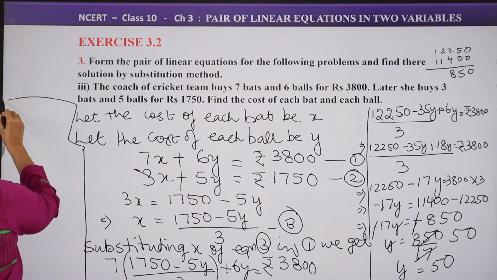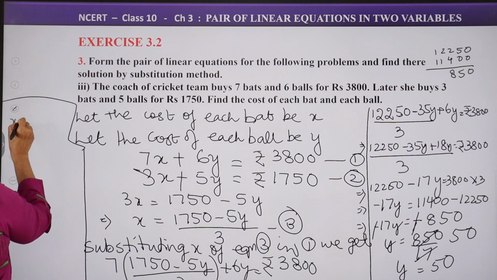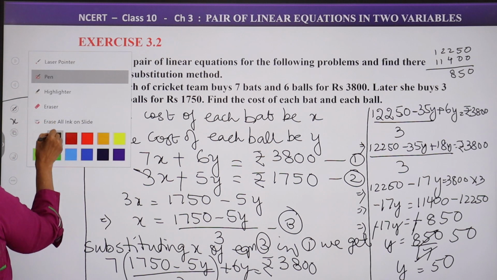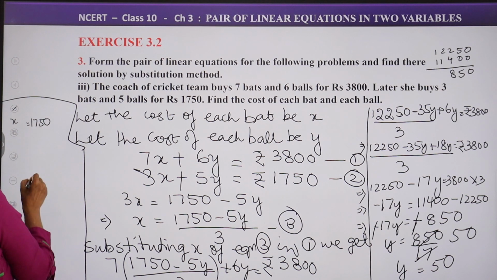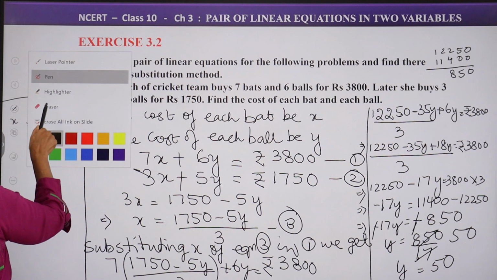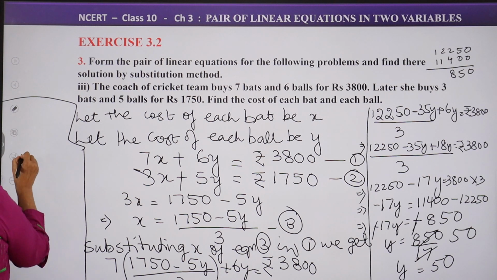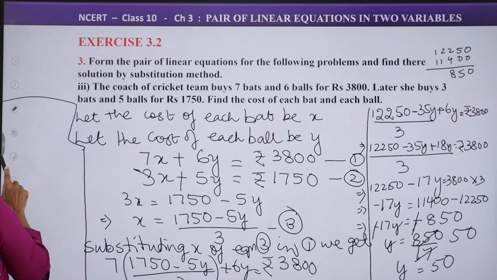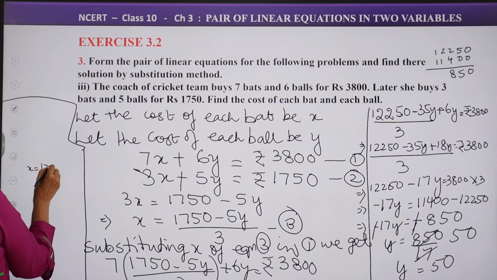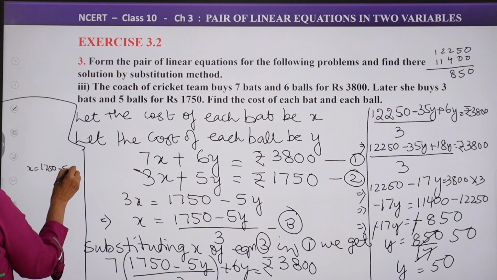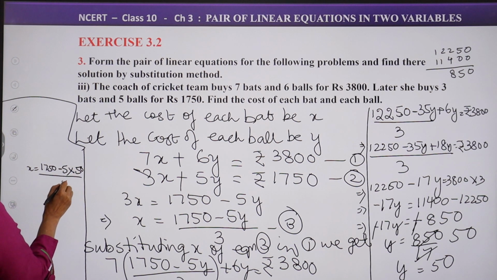In equation 3, x is equal to 1750 minus 5 into, what is the value of y? 50, whole by 3.